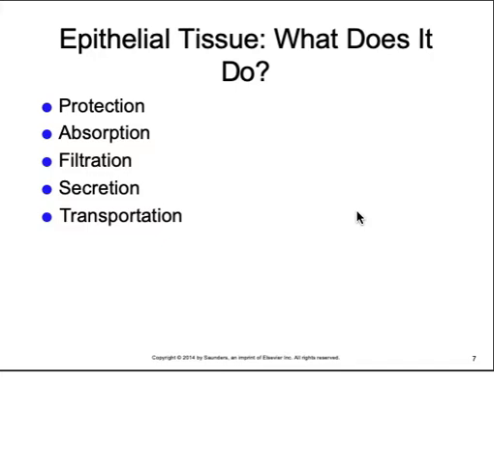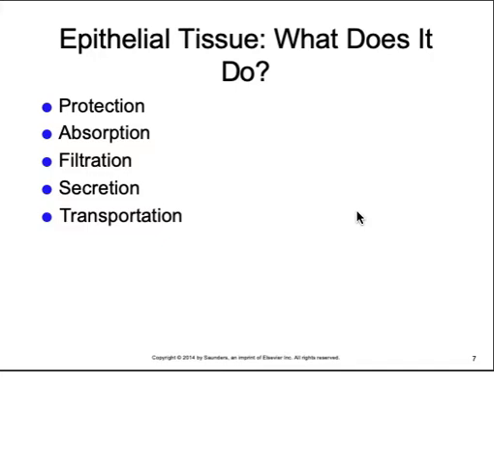The absorption function is to pull material from what we call the apical side of the cells, the side that faces the free space, and then to move that material through those cells to the other side. And so the cells determine what goes through.